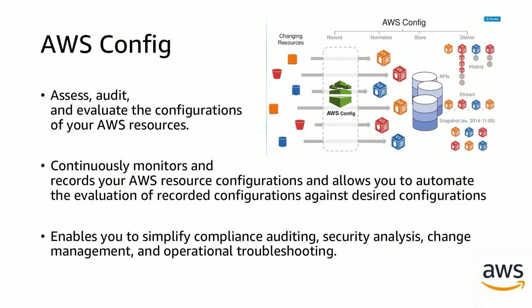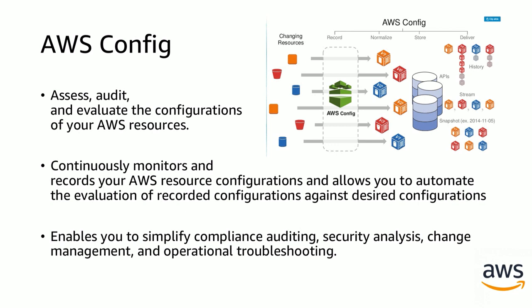AWS Config is a fully managed service that allows you to audit, assess, and evaluate the configuration of AWS resources. So with one single call, you can find out what all the different OS versions, patch versions, upgrades, etc., are running in your entire AWS account, right? That's very powerful. Like how many times can you actually do that in your data center?